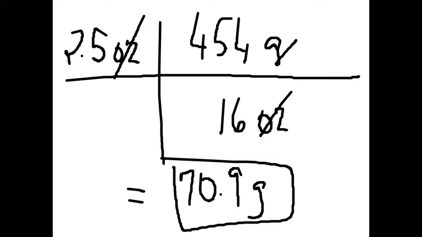Now tell me, if you ate 1 gram of the bar, how much energy was being released? Correct, 3 kilocalories. So if you have 70 grams and you eat 70 grams of the candy, how much energy will you release? You're going to start with 70 point, what was the grams of the bar?